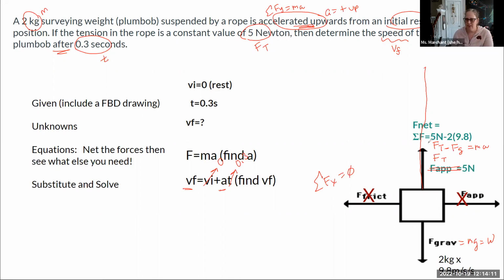The force of tension is 5. The force of gravity is 2 times 9.8. So 2 times 9.8 is 19.6. So 5 minus 19.6 is going to give us negative 14.6 newtons.